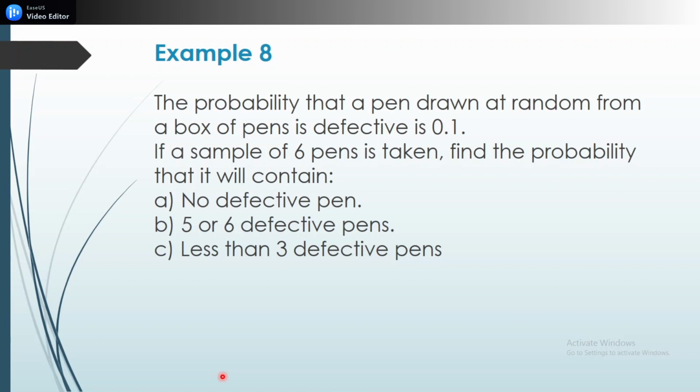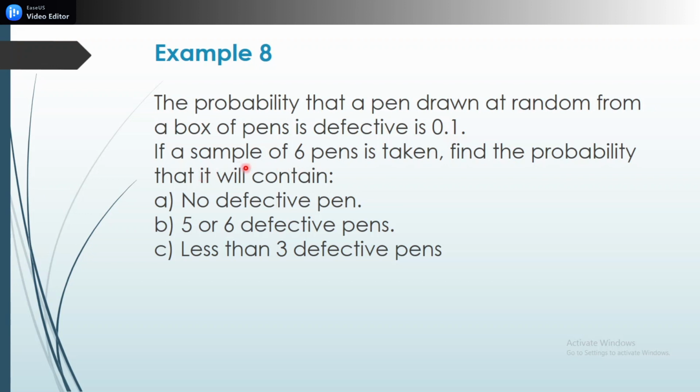Example number 8. The probability that a pen drawn at random from a box of pens is defective is 0.1. To be defective, when you draw a pen for example in a box, the probability of taking a pen which is defective is 0.1.